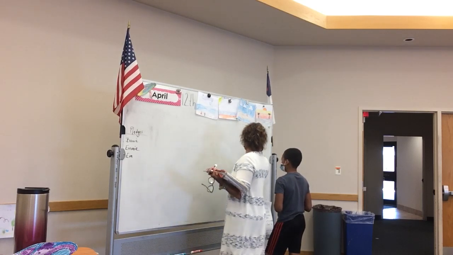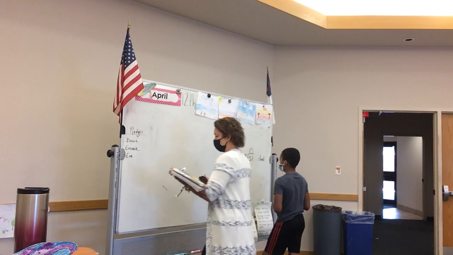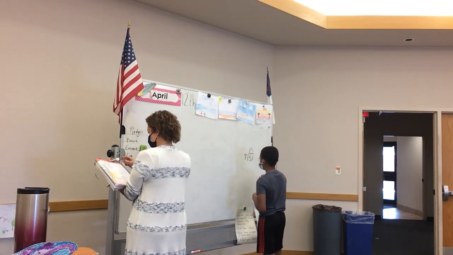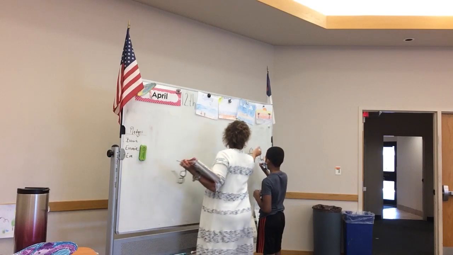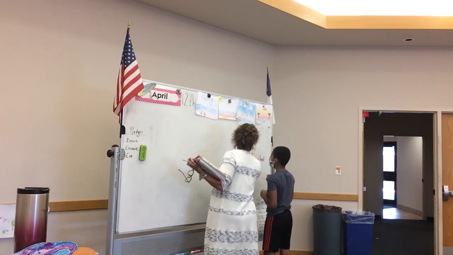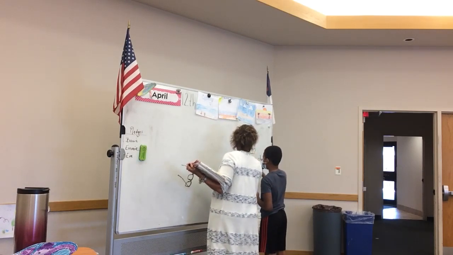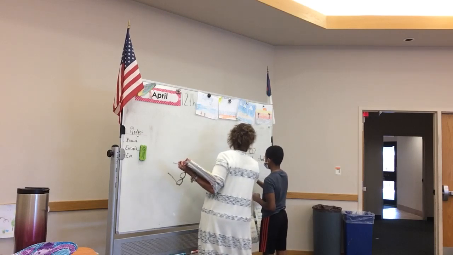Seven times 7 is, you said 49, correct? 7 times 7 is 49, there you go. Want to subtract 49 from 51.